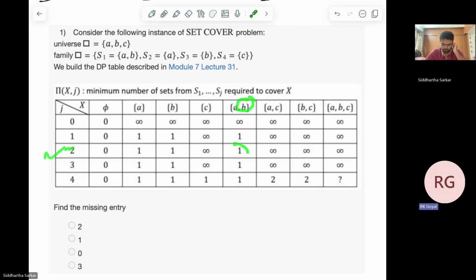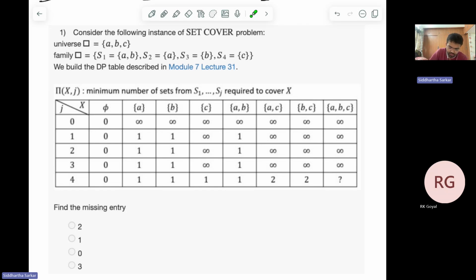So it means that we require set number 1 to cover it. Probably I don't understand whether it's a count or the set number. Okay, it's count only. If it is a count, then it shows that only one set is required to cover a comma b, but we do not know which set is required out of these four. Yes, you have already deciphered the meaning.